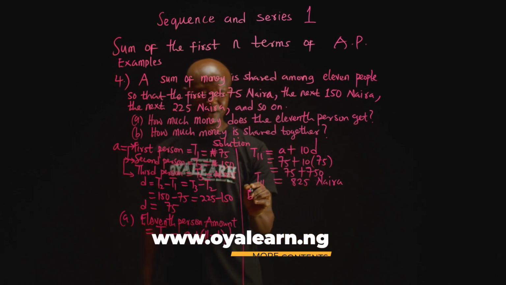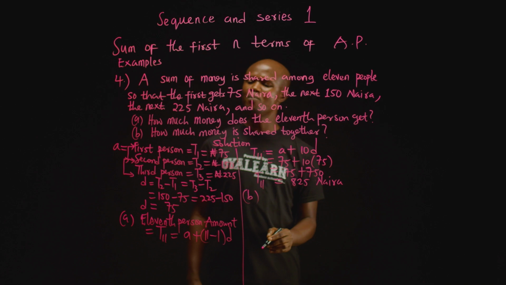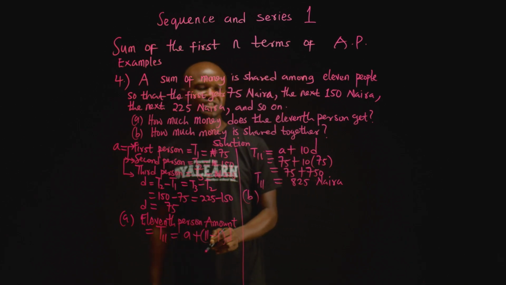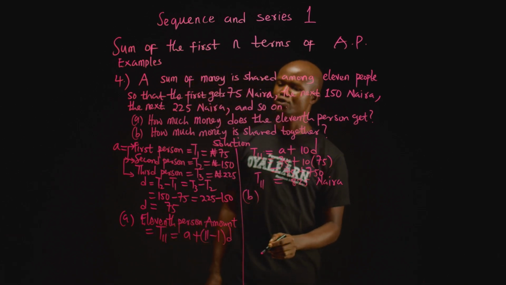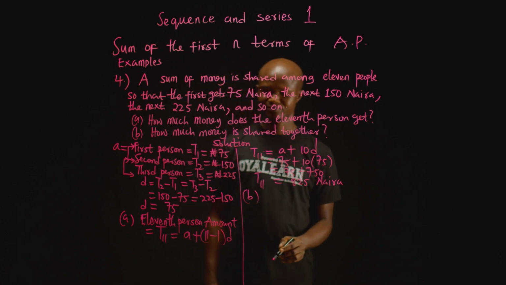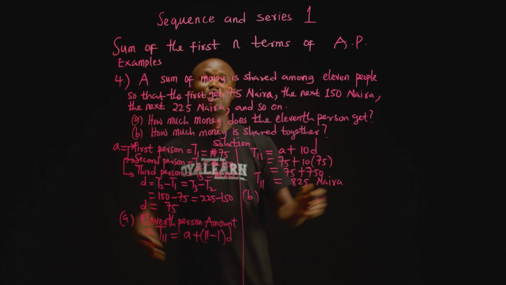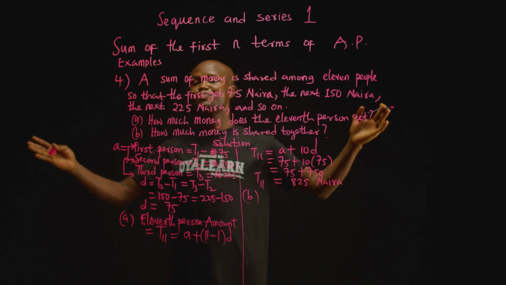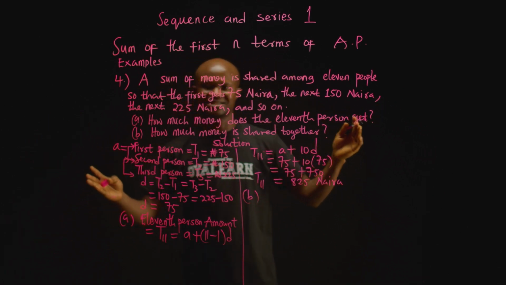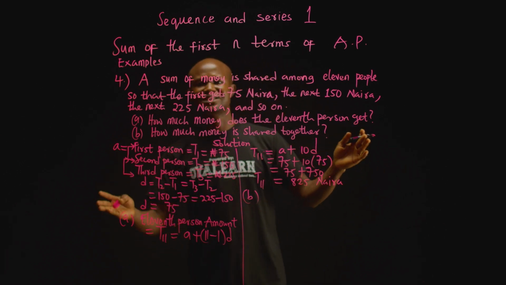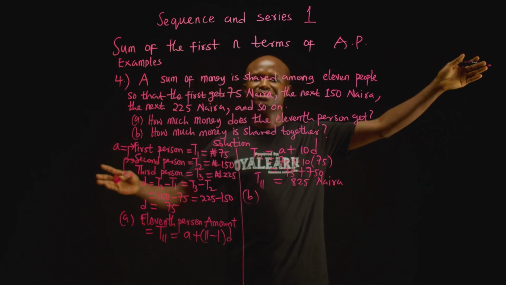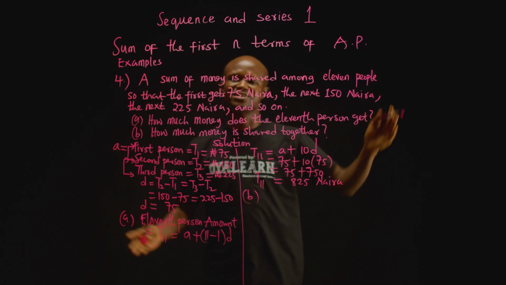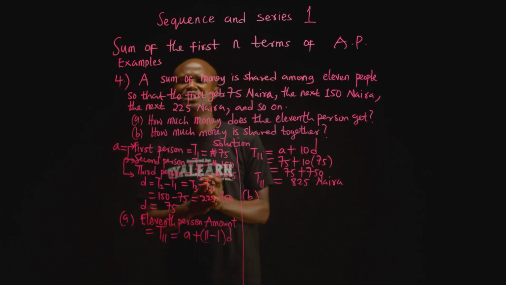Now, for the B part of this question, how much money is shared together? That is dealing with sum. By the time you add the first person's amount, the second person's amount, the third person's amount, up to the last person, which is the 11th person's amount, how much would be the total?